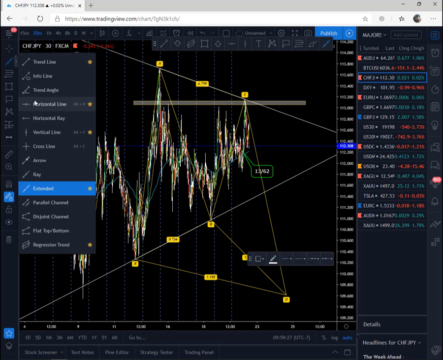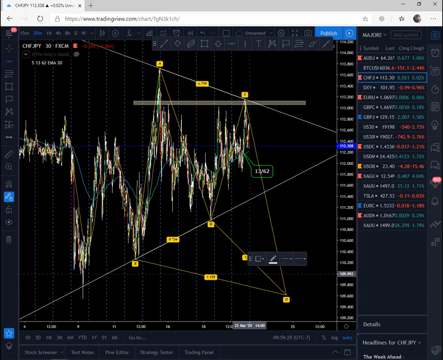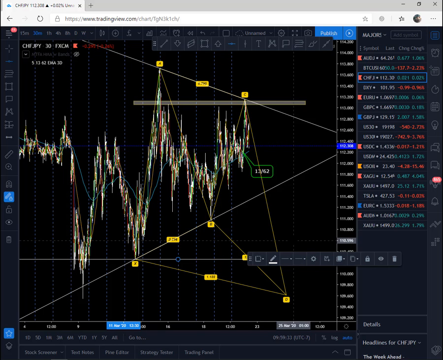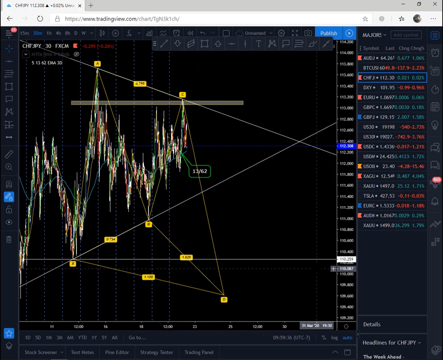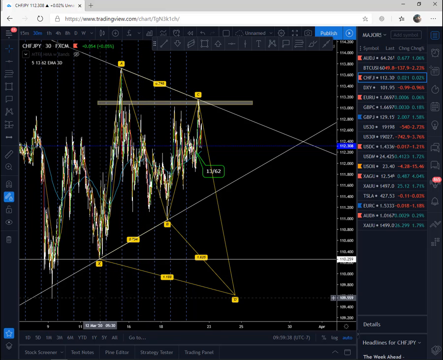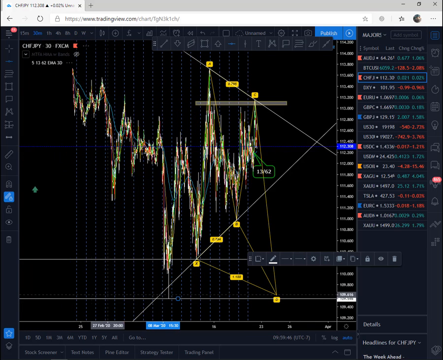And also butterflies are notorious for breaking the X structure. As you can see, there's some support in this area.